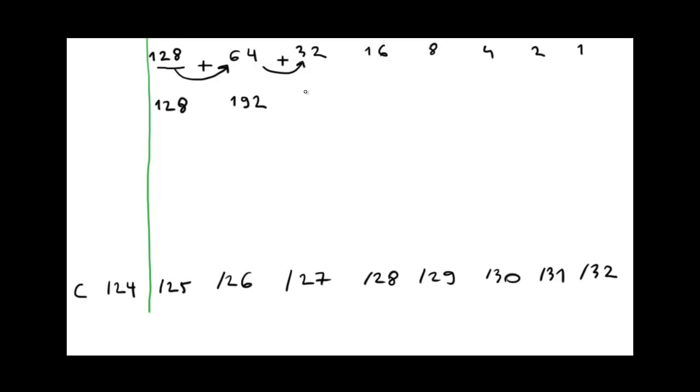In the third place, 192 plus 32 is 224. 224 plus 16, 240. 240 plus 8 is 248. 248 plus 4 is 252. Plus 2, 254. Plus 1 is 255.